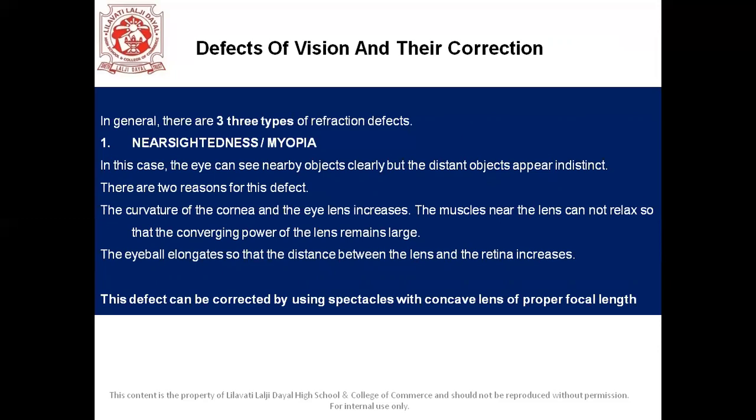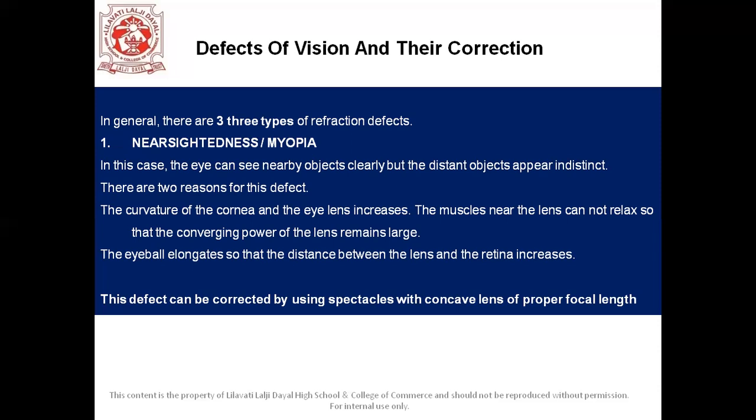In this case, students, the eye can see nearby objects clearly, but the distant objects appear indistinct. There are two reasons for this defect. Basically, the curvature of the cornea and the eye lens increases, and the muscles near the eyes cannot relax, so that the converging power of the lens remains large.